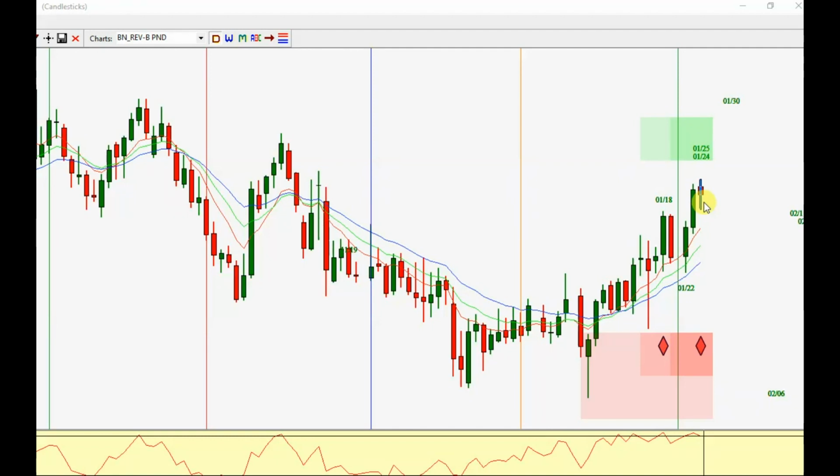The only thing I have a question about is whether this is an overall reversal and the market would just start going down to the next turn date, which I have here for January 30th, or it's only going to be a one-day correction, then continue up and make another top on January 30th before finally turning down.